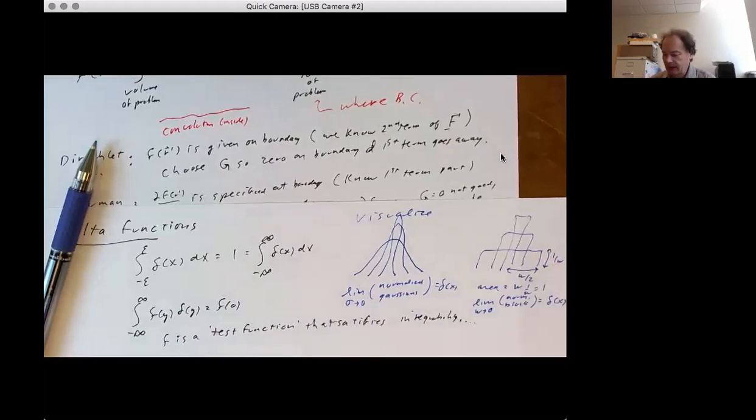And that is useful if I have something more complicated, like I just wrote down.